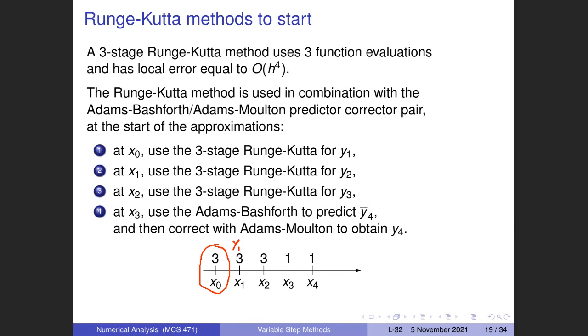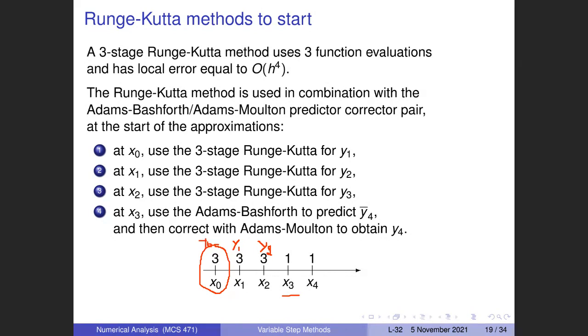That's our first approximation. We then compute y2 with another 3 function evaluations. So this is where we have y0, our initial condition.